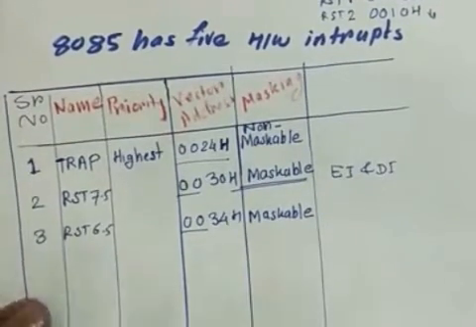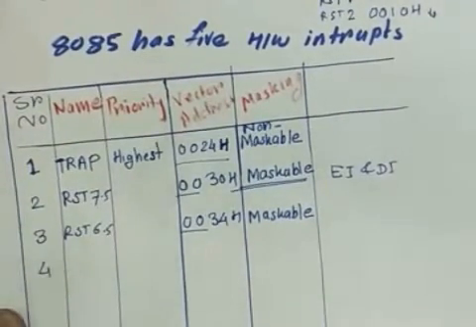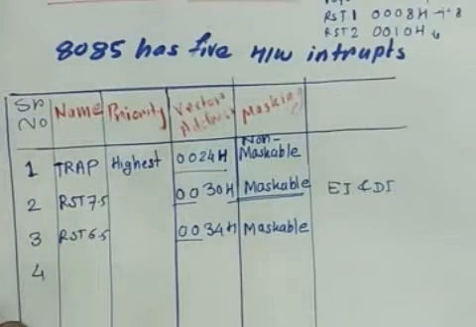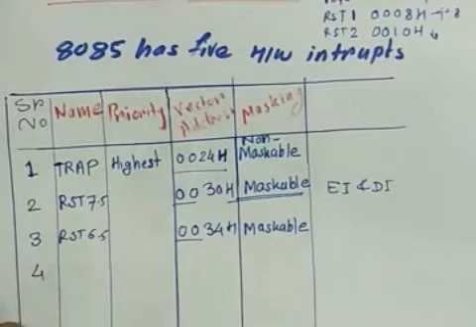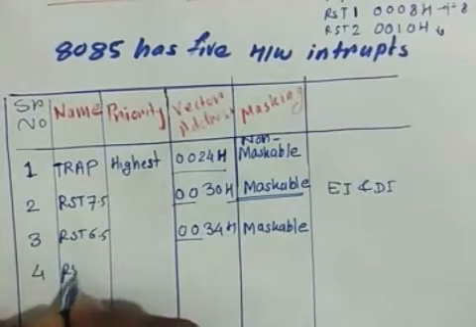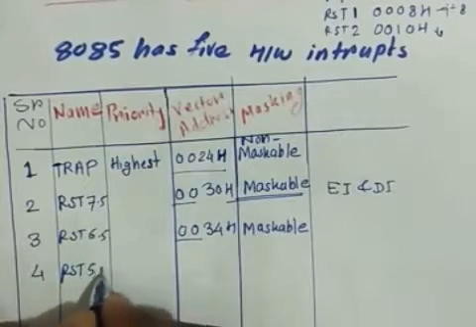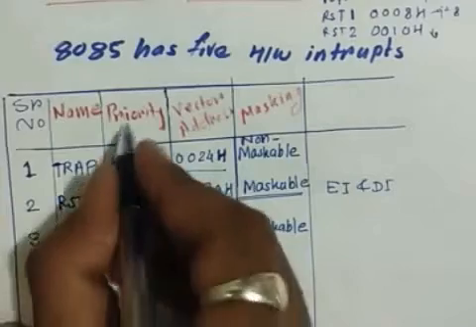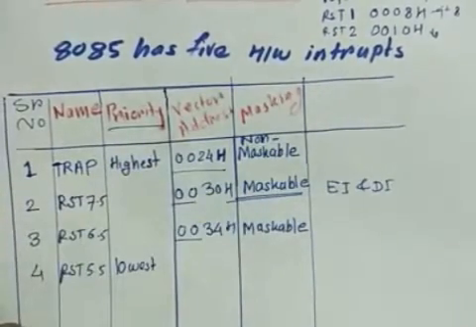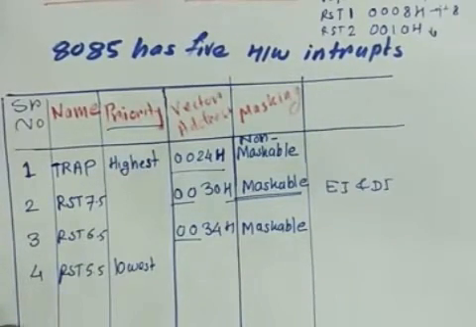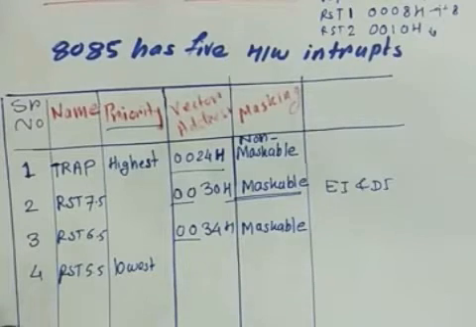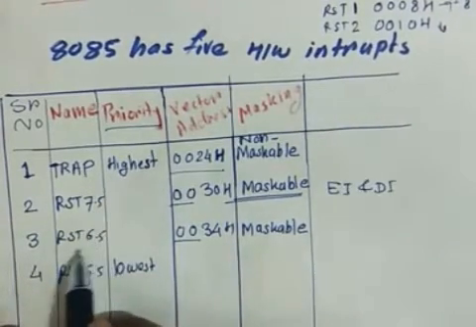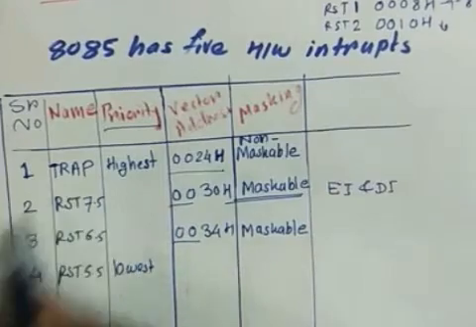Now the next instruction is RST 5.5. This RST 5.5 has the lowest priority among all these hardware interrupts, as compared to 6.5, 7.5 and TRAP.